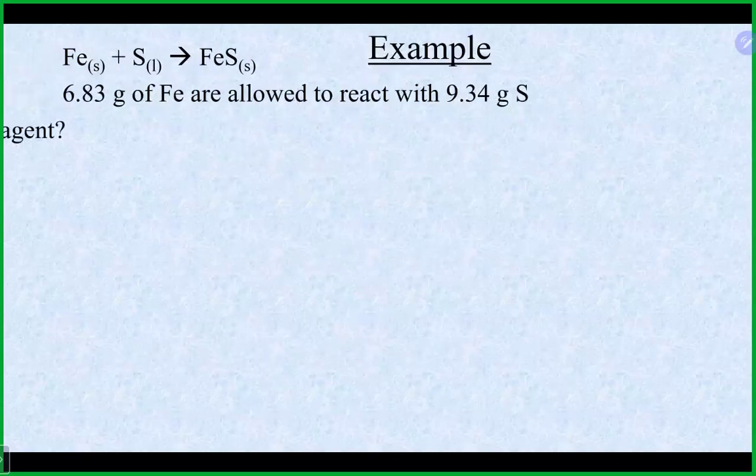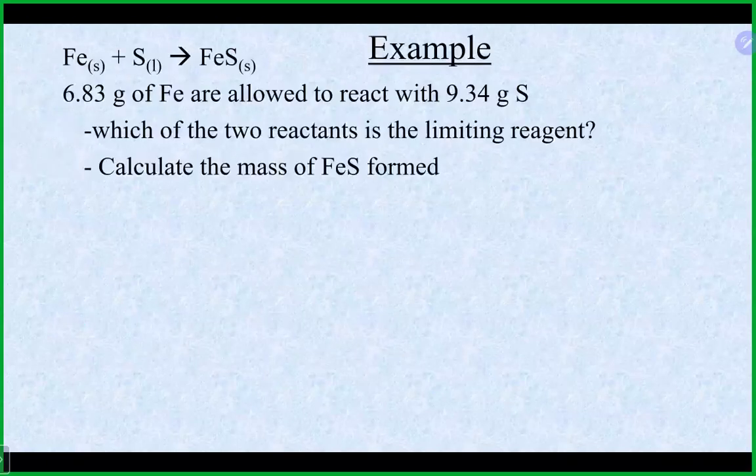Let's see here. Let's try one here. All right, with this particular one, we've got this equation. If we react together 6.83 grams of iron with 9.34 grams of sulfur, which is the limiting reagent, and how much iron sulfide would be formed in this case? How many grams? I'll give you some numbers that might be helpful.